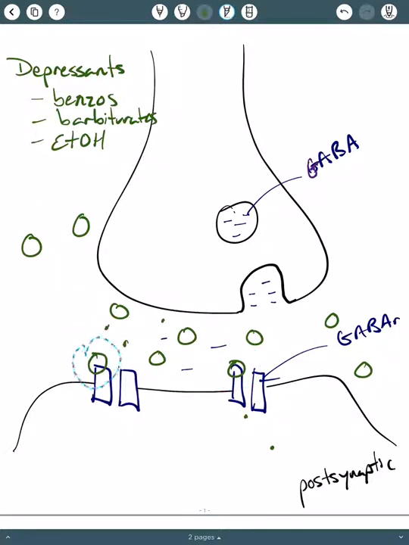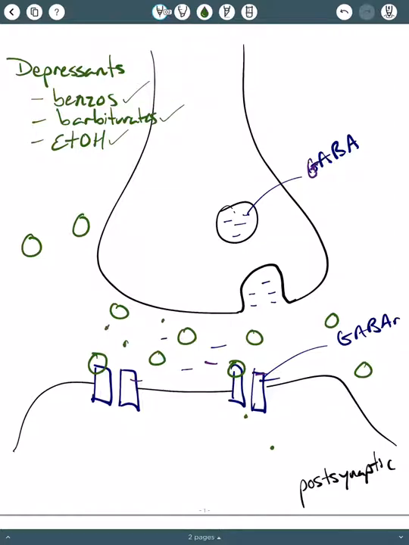When depressant drug molecules like the benzodiazepines, the barbiturates, and even alcohol find GABA receptor, they stick to it so that when GABA comes along, right, this inhibitory neurotransmitter, it actually activates its receptor for a longer period of time than it otherwise would have.